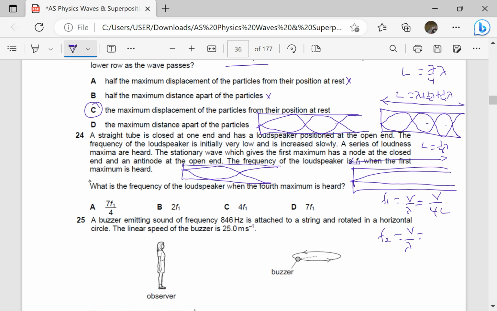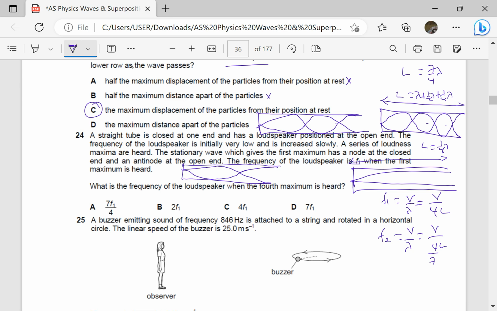So F2 is going to be equal to V divided by wavelength, which is 4L over 7, not lambda. Lambda has disappeared. I've substituted for lambda. So F2 is V over 4L over 7, because I made lambda the subject.